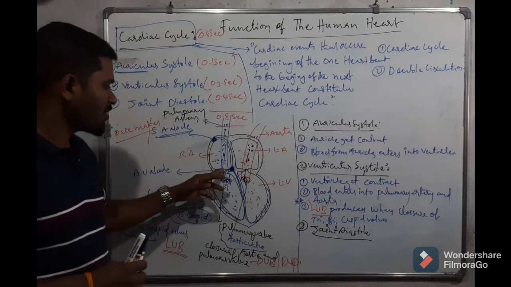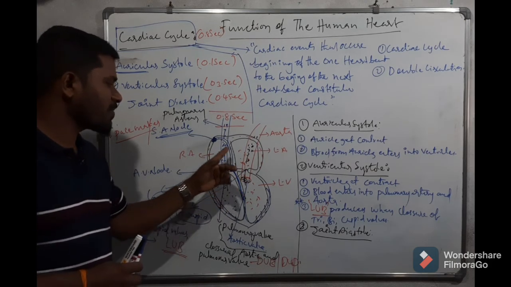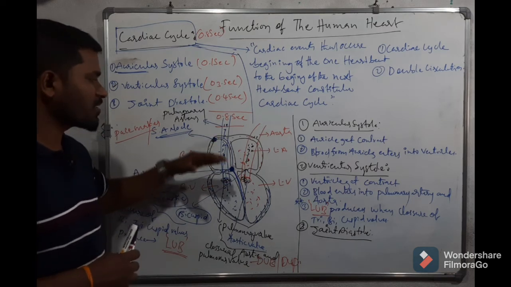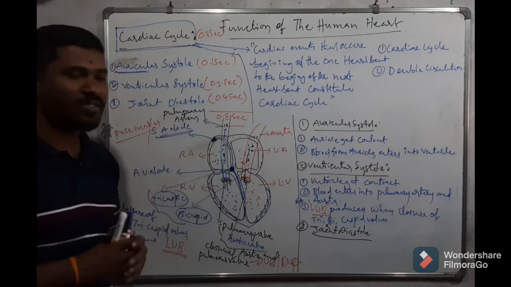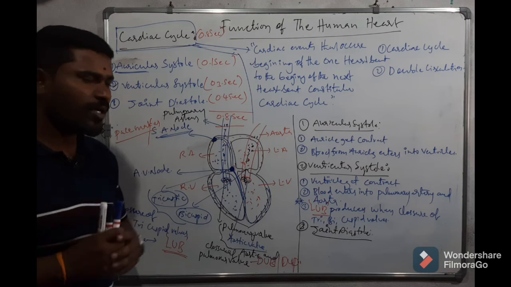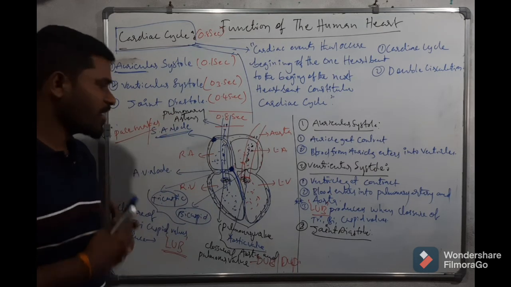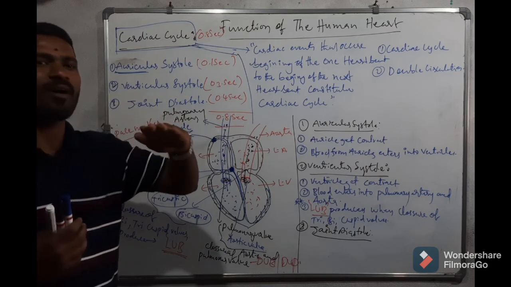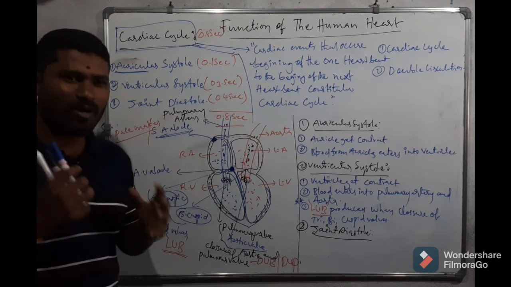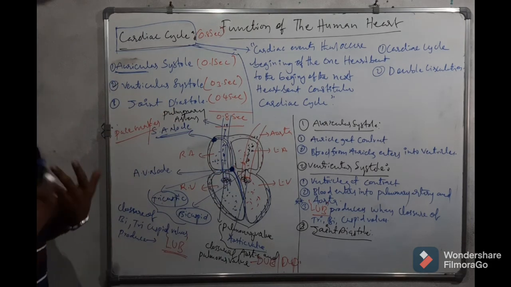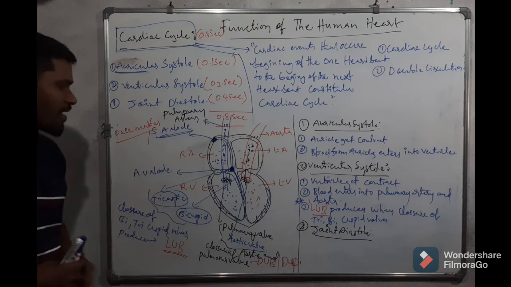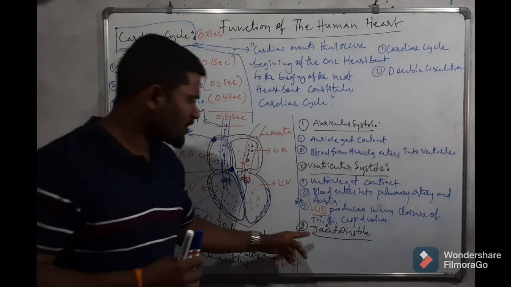At that time the bicuspid and tricuspid valves between the auricles and ventricles close to prevent reverse flow of blood from the ventricles to the auricles. The closure of these valves creates a sound called lub.